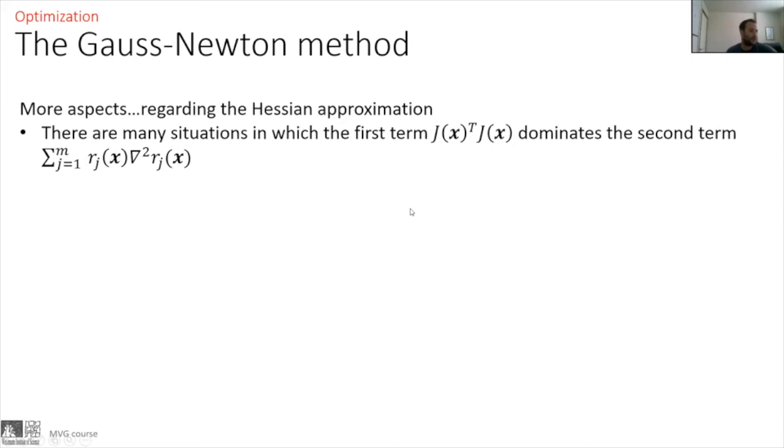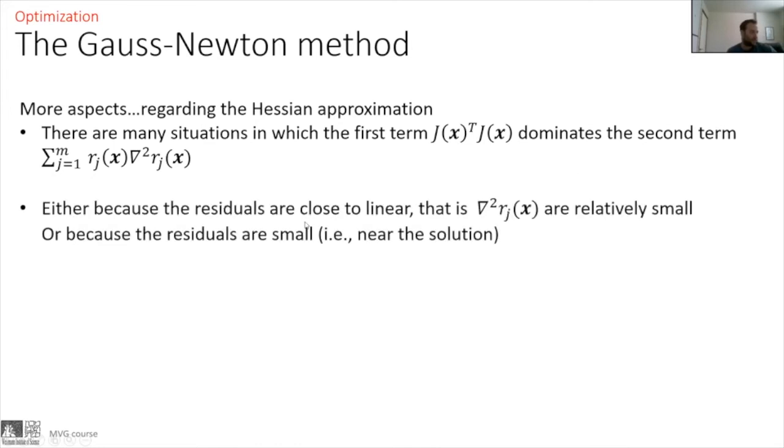Some other aspects of this method. Regarding the question of why we neglected the second term, there are many situations where J transpose J dominates the second term. For example, we can think about two situations: one where the residual is close to 0, and the other where R is close to a linear function.